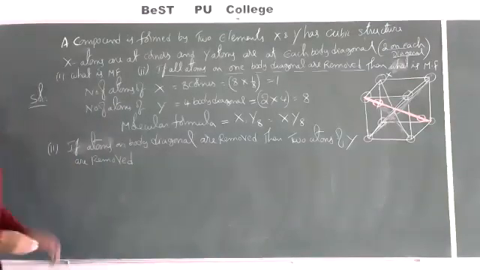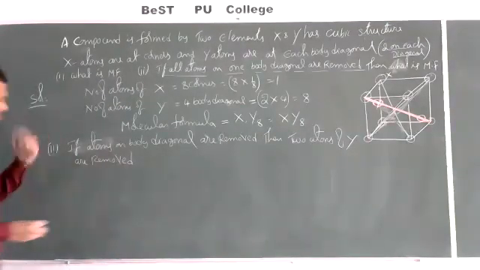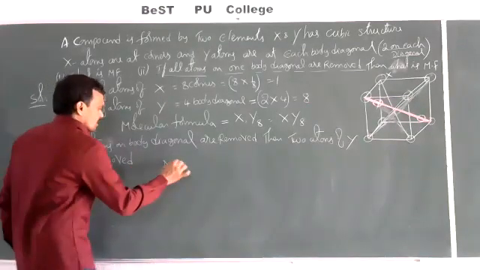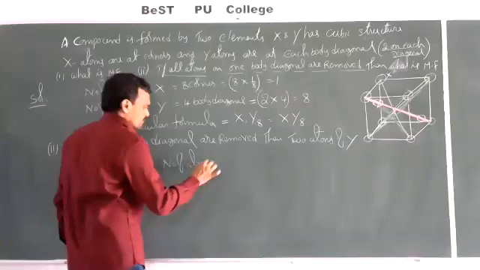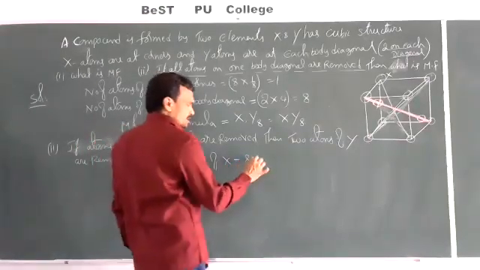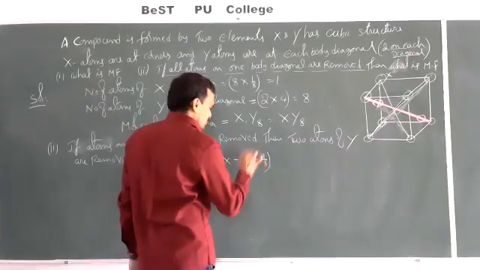Now, therefore, we can calculate. Therefore, the number of atoms of X is equal to, as 8 corners are there, 8 into 1 by 8, which is equal to 1.